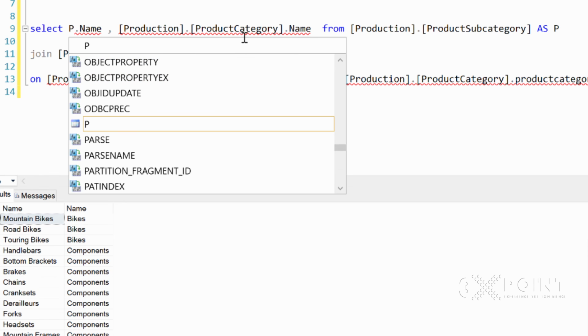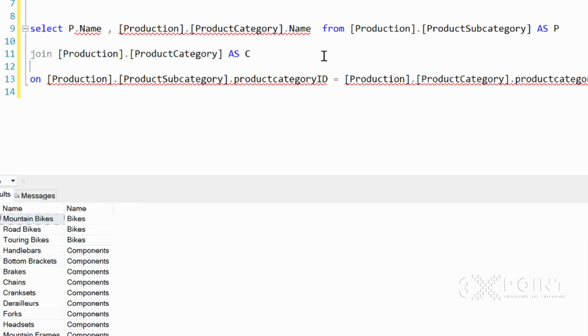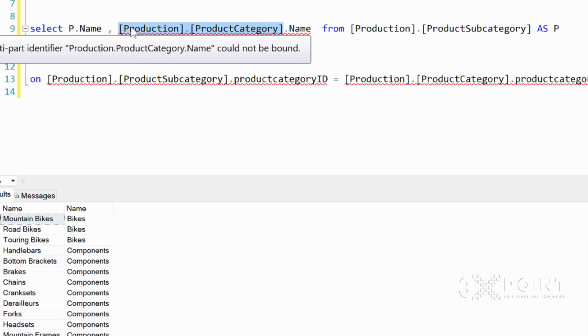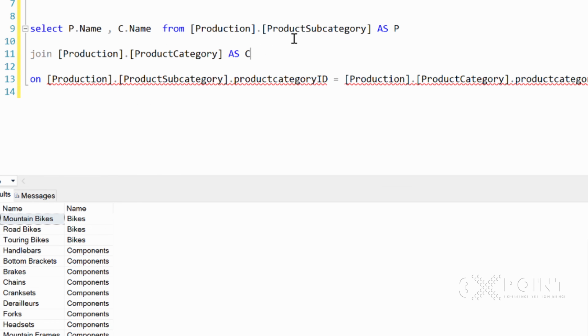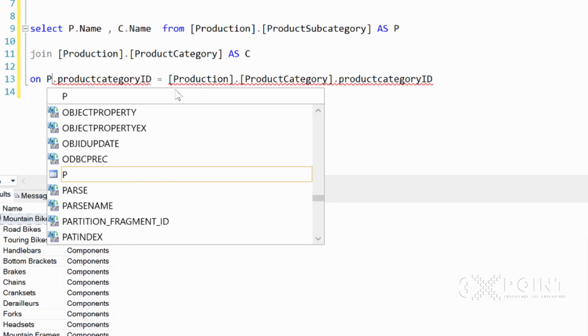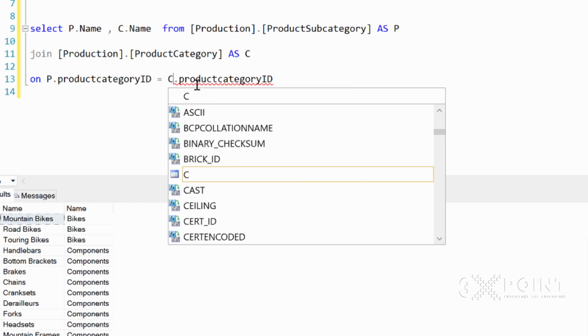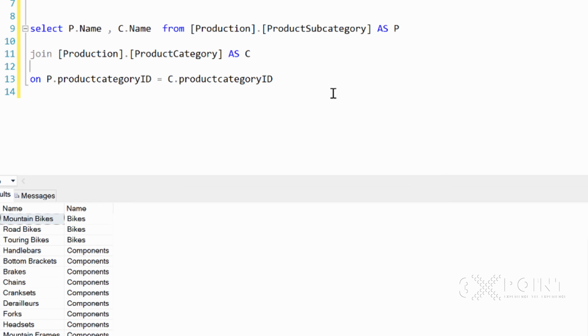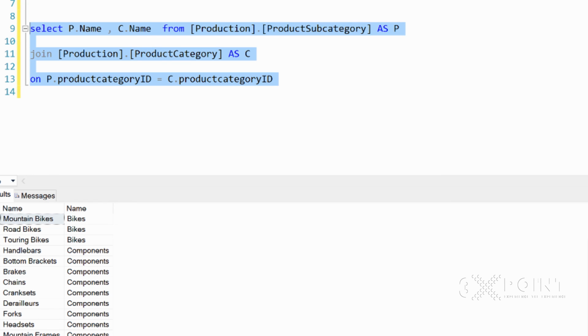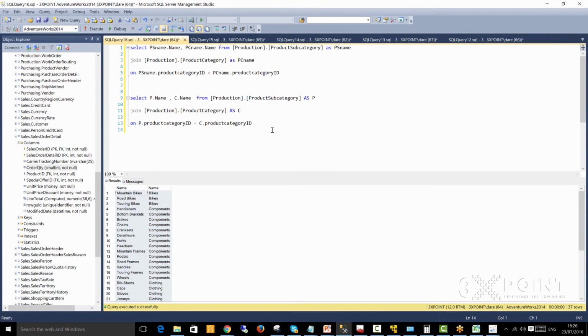Just replace it with P. And I would remove all of this also and replace it with C. And you can see now we have a shortened version of the query. And then I can do the same thing here, P, and do the same thing here, C. And you see, now we have a shorter version, and it's the same thing, it will return the same data. So if that's the problem you're having with joins, I hope that solves the problem.